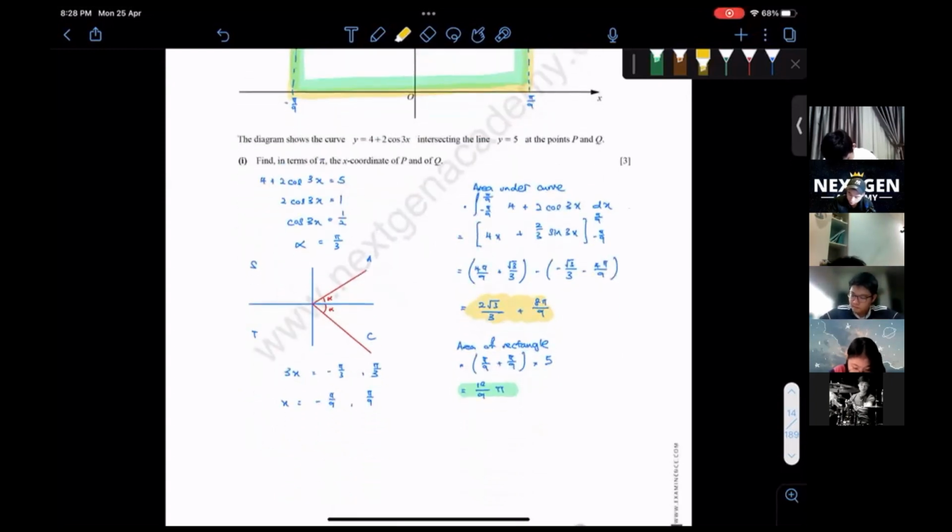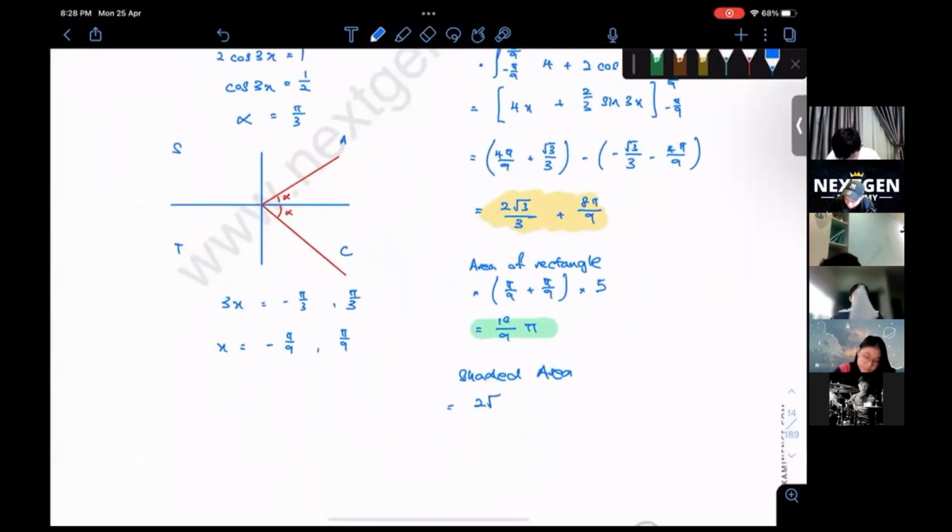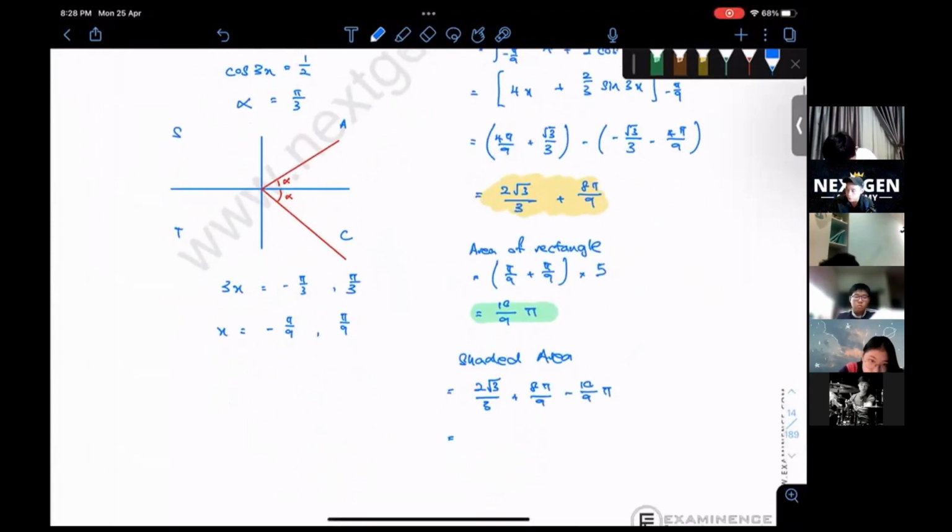So the shaded area will be 2 sec 3 over 3 plus 8 pi over 9 minus 10 over 9 pi, which will give you 2 sec 3 over 3 minus 2 pi over 9. In fact, the exact area is affected because of the sec 3.